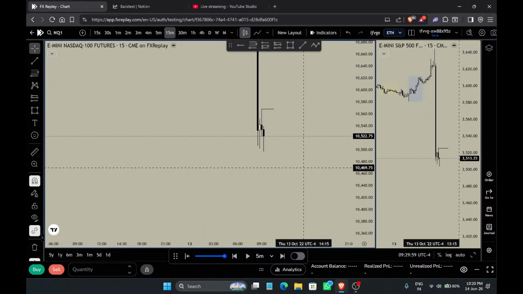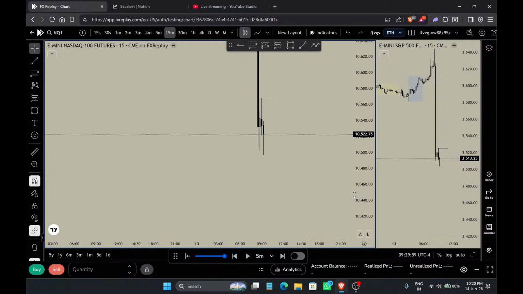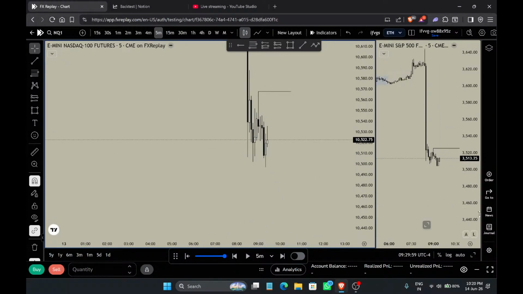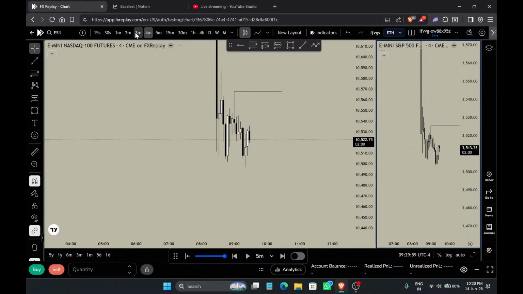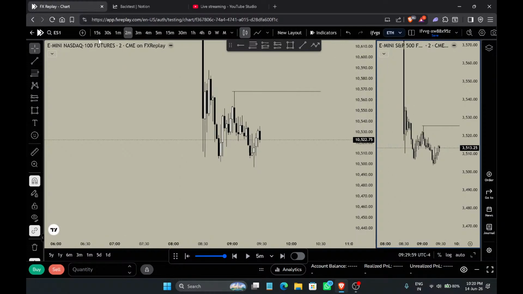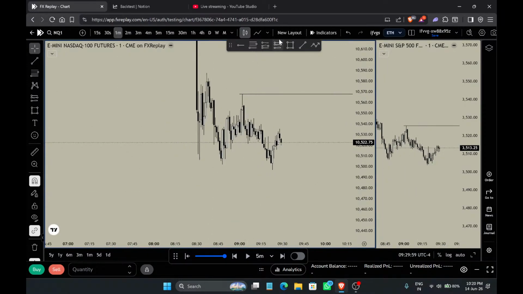So 15-minute rebalance into that level. Shape of this low. Now 5 minutes. Now 3 minutes. Now 2 minutes. Now 1 minute.